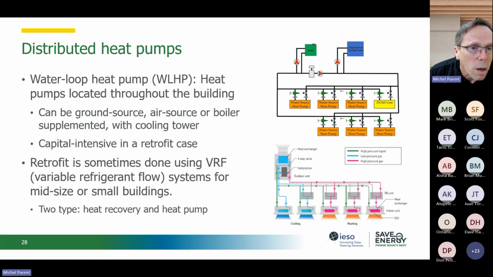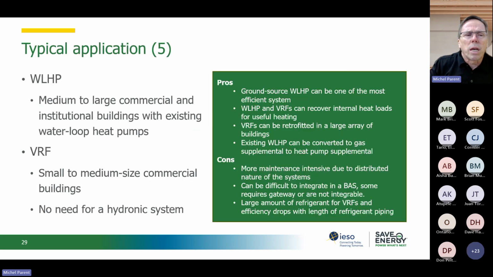And as you have a longer line, that compressor has to overcome all the resistance of sending that refrigerant further and further. So it's a little item that sometimes gets dropped in the conversation when you want to retrofit your building to a VRF system.